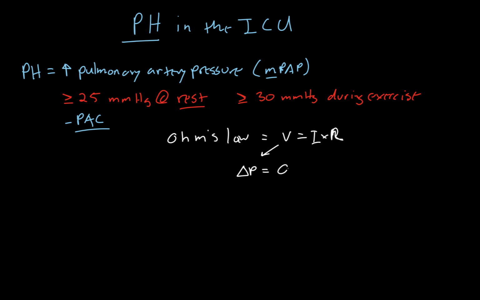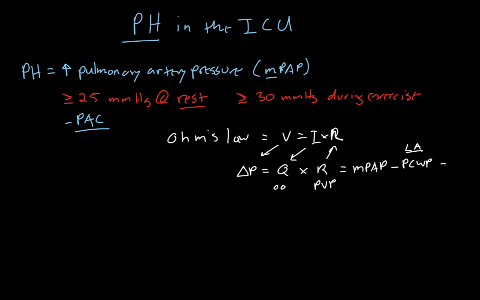And then for our flow here, we're going to use our cardiac output, then times our resistance, which is going to be our PVR. All right, so this equation actually equals for us our mean pulmonary artery pressure minus our pulmonary capillary wedge pressure. All right, because remember that estimates the left atrium.